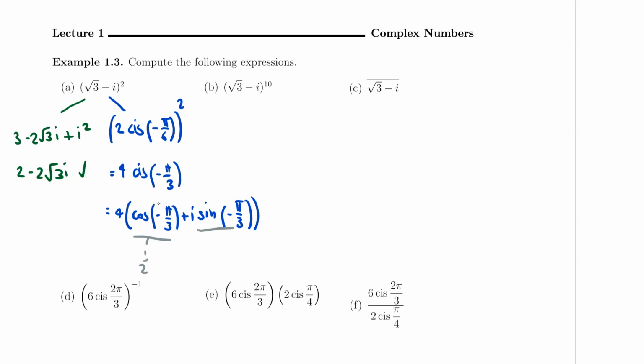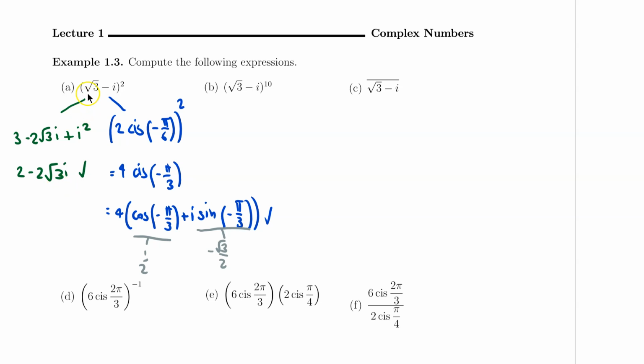And then sine of negative pi over 3 is going to be negative square root of 3 over 2. Now, if I distribute 4 into the parentheses here, 4 times 1/2 is going to be 2, and 4 times negative square root of 3 over 2 is going to be negative 2 square root of 3, so I get the same number here, so these two actually match.